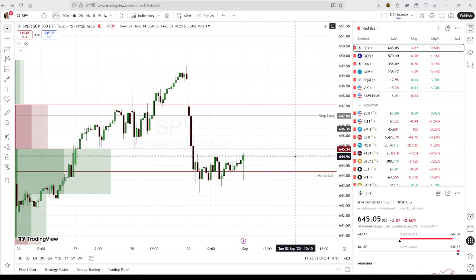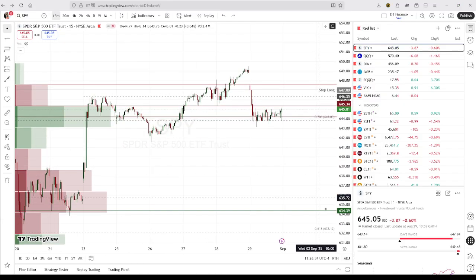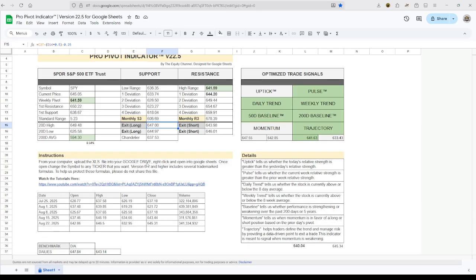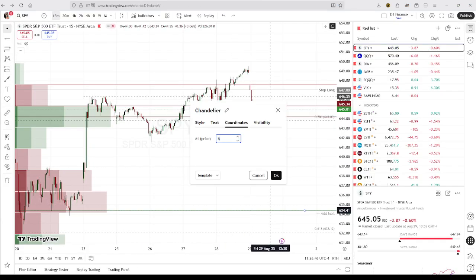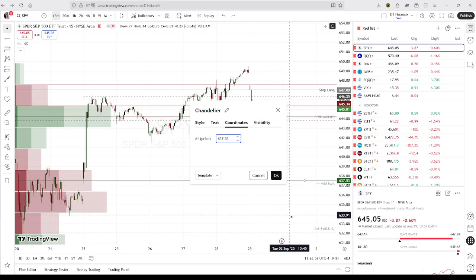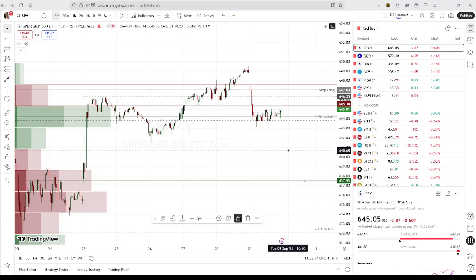This right here, my chandelier is always going to be down here. My chandelier is down there. 637.53. All right, let's move that up. 637.53. Hold on. Great. All right, there we go. So that's my new chandelier right there.